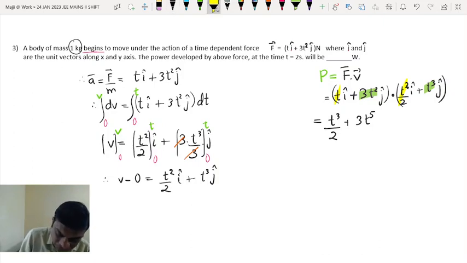Since we have to calculate the instantaneous power at t equal to 2 seconds, put t equal to 2 seconds.